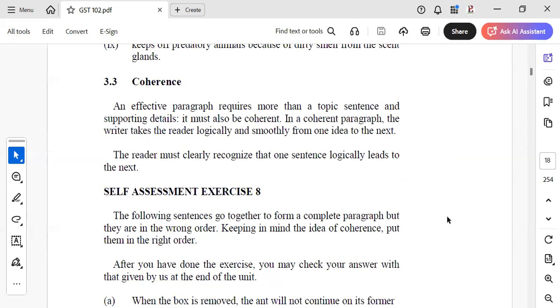The topic sentence, like we mentioned in the last class, can be a generalization, a statement, or a problem. But it's always found at a particular place in the paragraph, which can be at the beginning or in the middle, or it can be placed at the end.